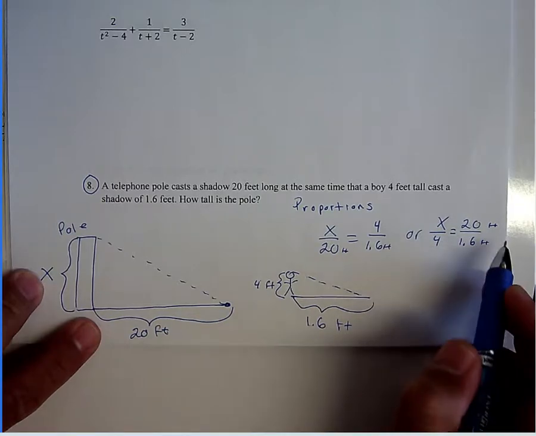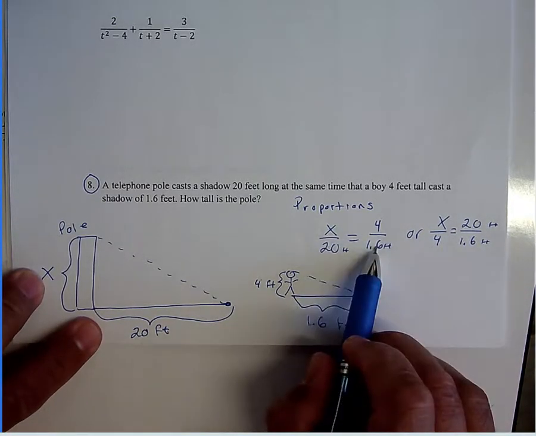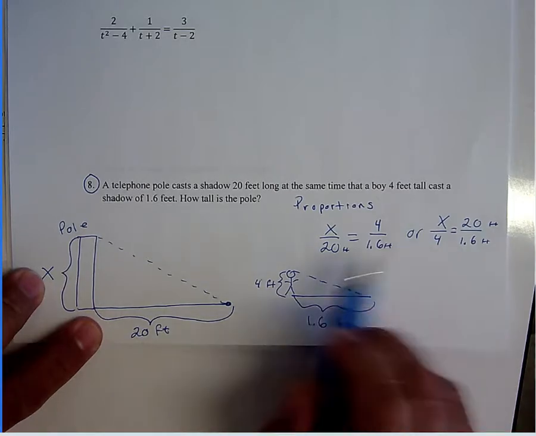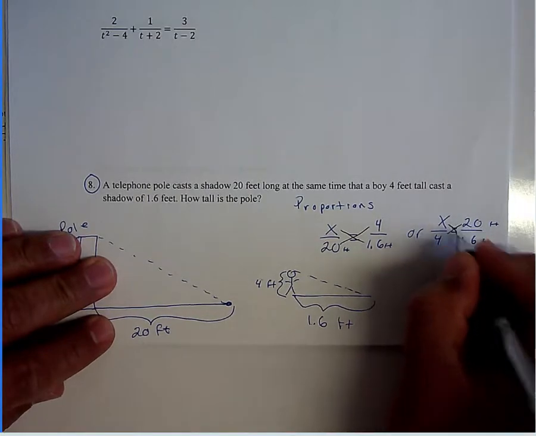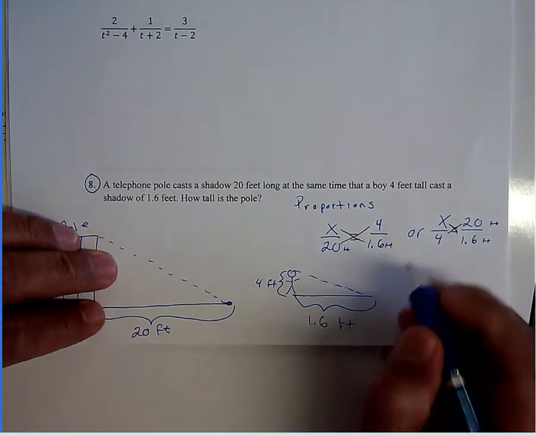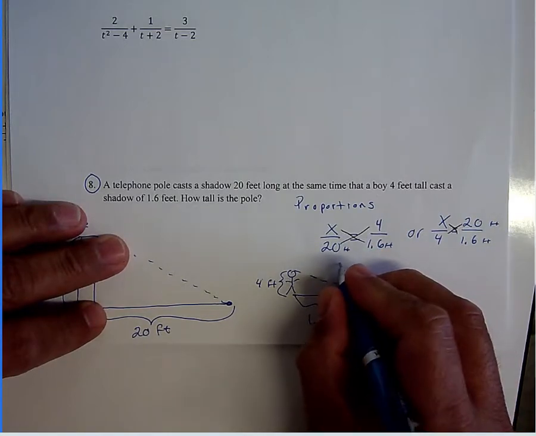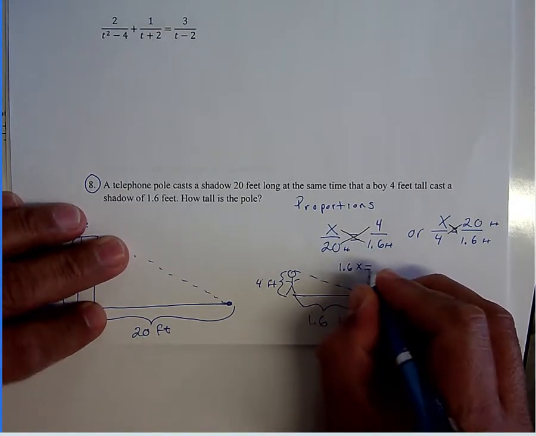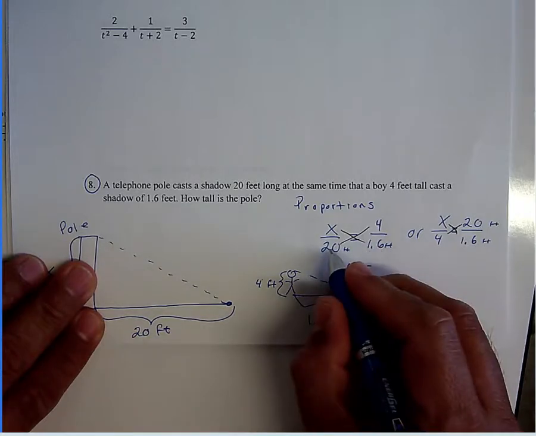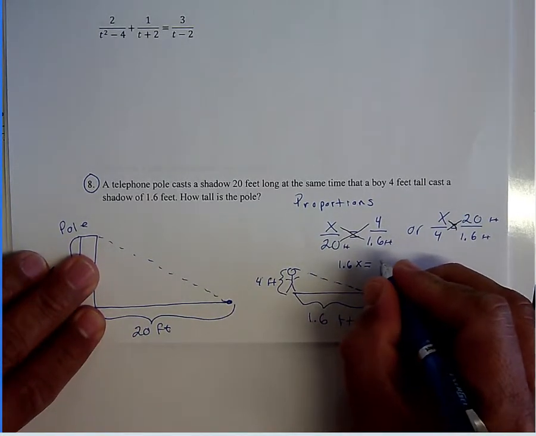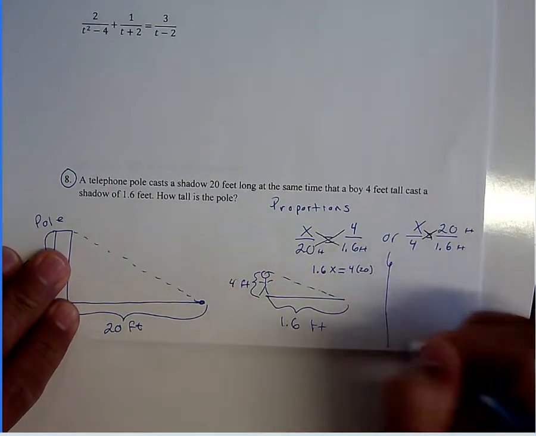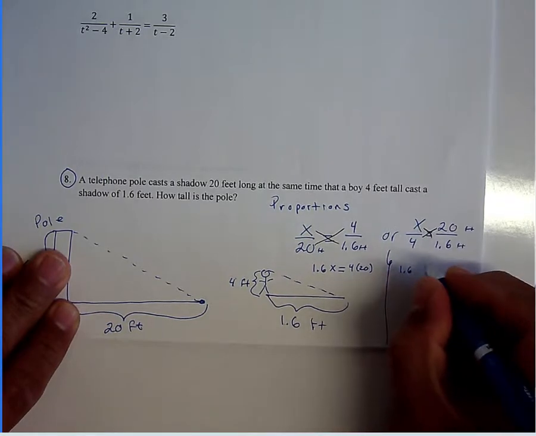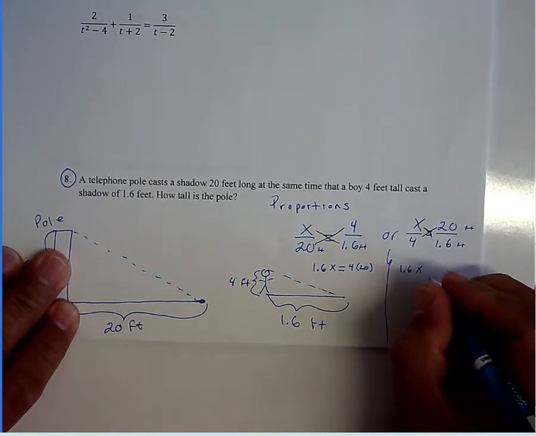You'll get the same answer if you notice x times 1.6, x times 1.6, because you cross multiply here. When you do proportions, you cross multiply. So you end up with the same equation. 1.6x is equal to 20 times 4. Same here, 1.6x, and the feet are gonna cancel if you want from the beginning.